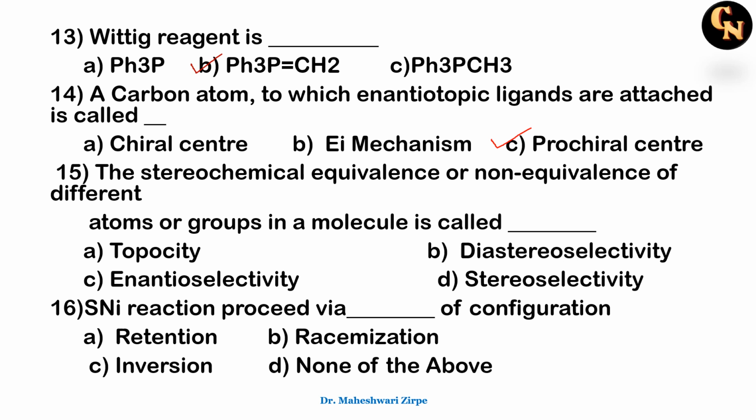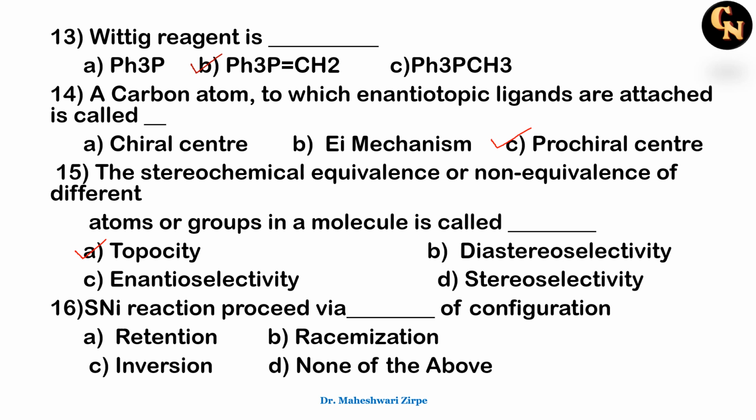center. The next is the stereochemical equivalence or non-equivalence of the different atoms or groups in a molecule is called dash. So here, if you see the options, topicity is the correct option, because the definition of topicity is the stereochemical equivalence or non-equivalence of different atoms or groups of atoms in a molecule.